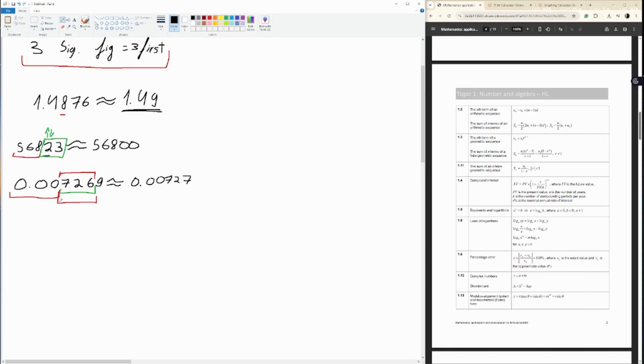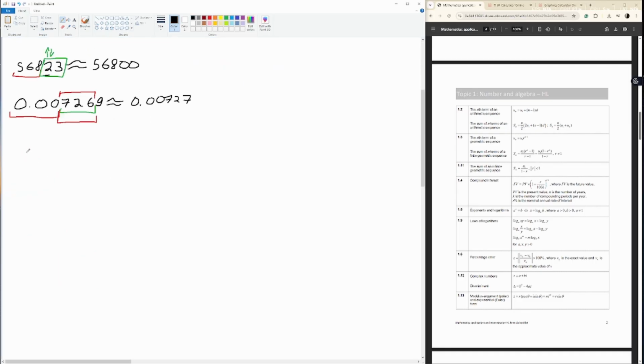A lot of you are wondering what happens if your final answer is something like 0.7, and many of you are wondering what happens if you get your answer to be like 0.6 exactly, and it's very reasonable that this is not 3 significant figures and you have to rewrite it as 3 significant figures.